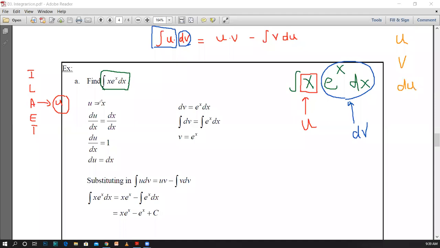So far we have obtained u equals x, so we have fulfilled this. Then we need to identify the value for v and the value for du. To identify the value for du, you can use the function that equals u, and the dv part can be used to obtain the value for v.